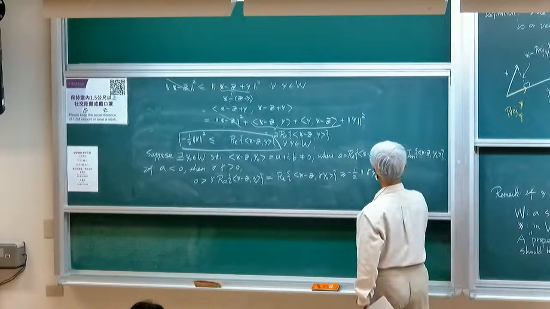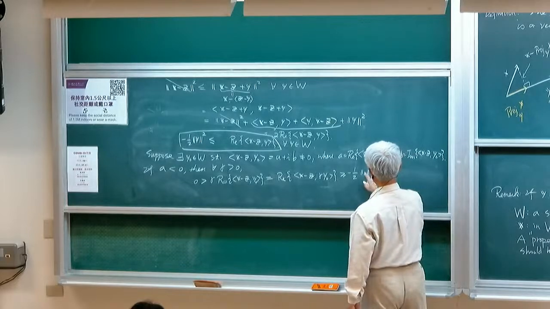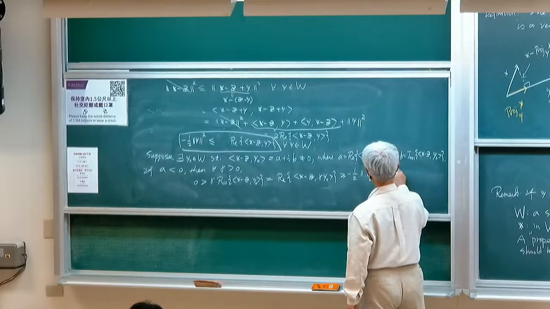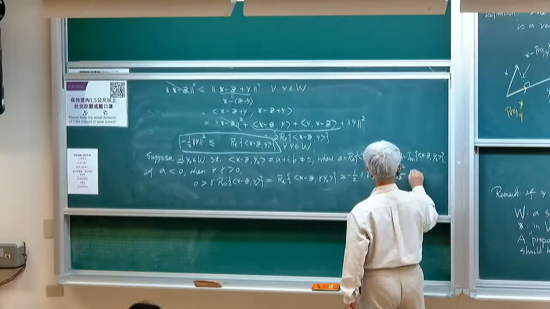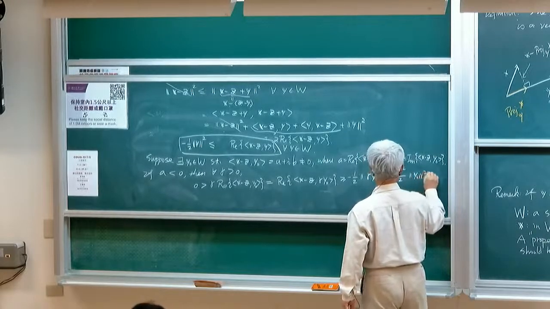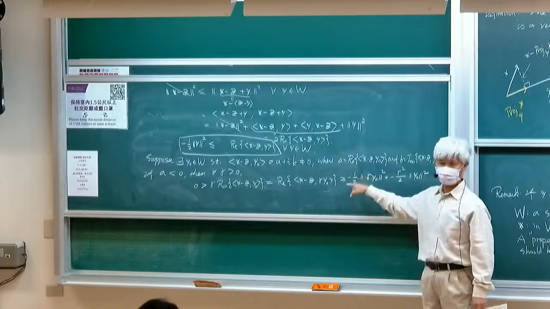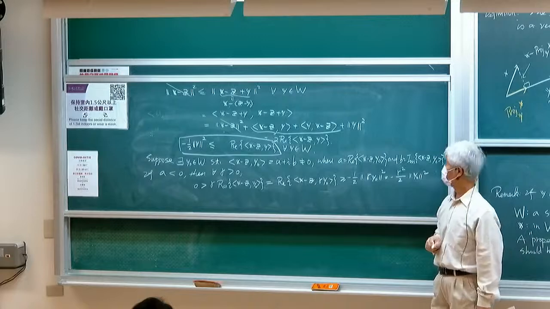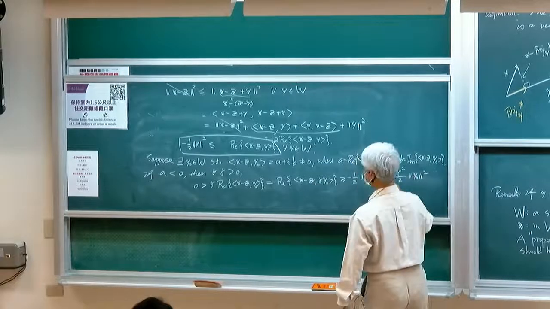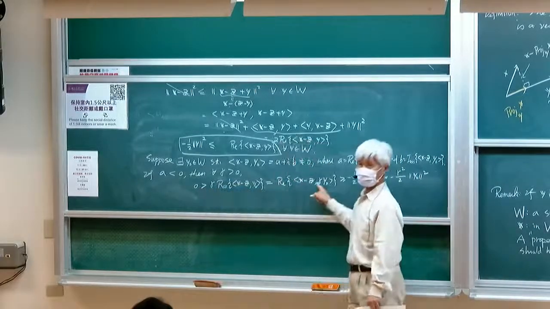Okay, and so what is this? This is equal to gamma squared, because it's a square, we can move it out, right? So this is gamma squared here. Okay? So we have this inequality here.